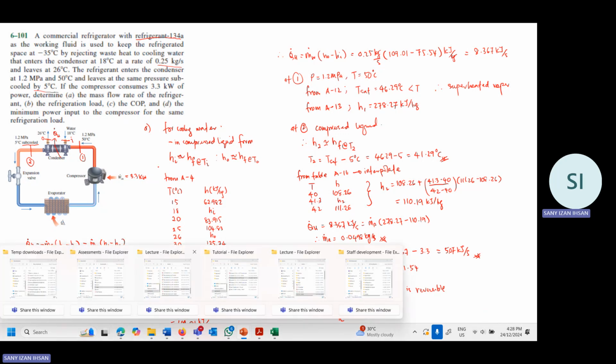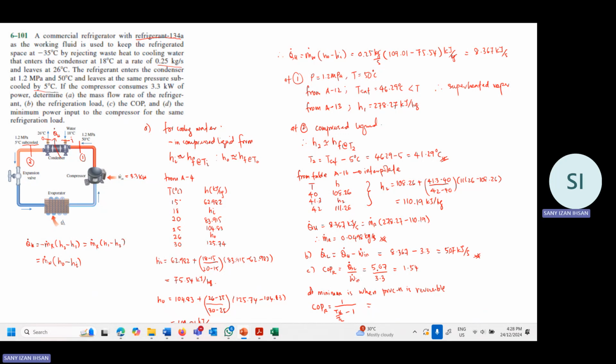So basically, let me use this space. We have our aircon or refrigeration here. You have work in. You have QL, and from the space, sorry, this one is more proper.